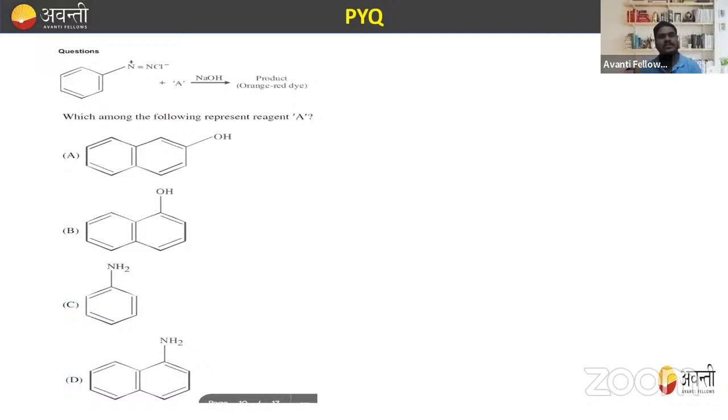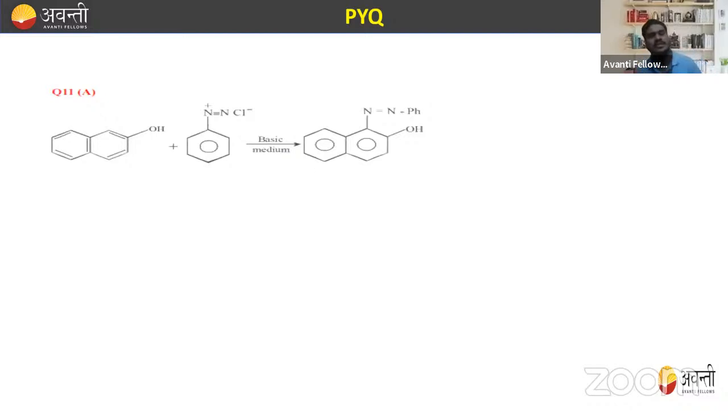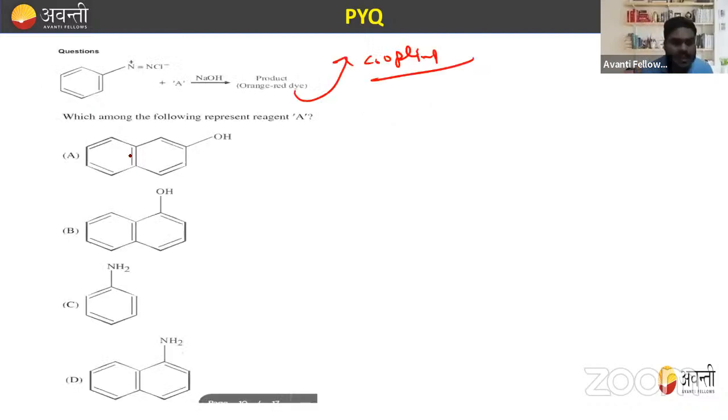Now, what happens when this is treated with the reagent and NaOH, beta? We get an orange-red dye. We know that orange-red dye formation means this is a coupling reaction. So what is this coupling reaction? It is when the benzenediazonium chloride is treated with phenol, right? Whenever this BDC is treated with aniline or phenol, tell me, because in one an orange-red dye forms and in another a yellow compound forms. When BDC is treated with aniline, the yellow product is formed.